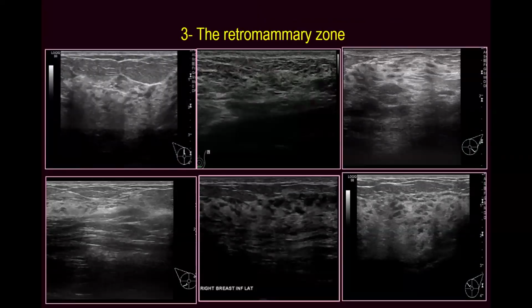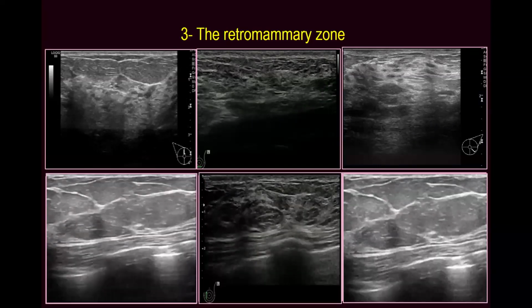Okay, if you look here, we couldn't appreciate where the retromammary fat is. Why could we not see it? It is obviously dark, it is black, the area. So this is a technical issue. We have to consider, while scanning, adjusting our setting and focusing to visualize down to the retromammary, the pectoralis, the ribs, and even the pleura, okay?